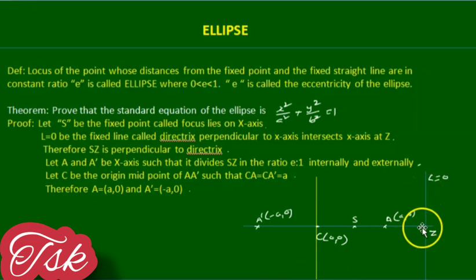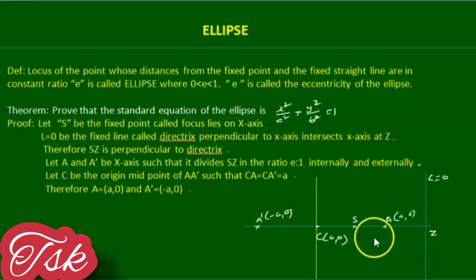Let A and A dash be on the x-axis such that they divide SZ in the ratio E is to 1, internally and externally. SA by AZ is E is to 1, and SA dash by A dash Z, externally, is minus E is to 1.